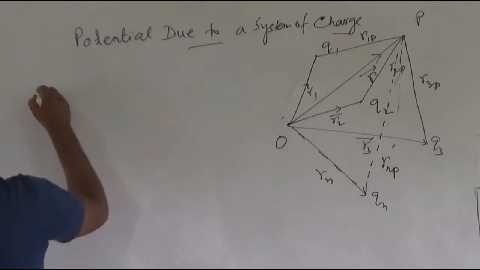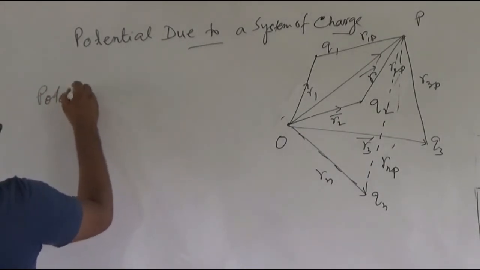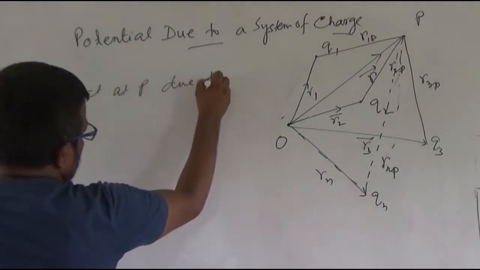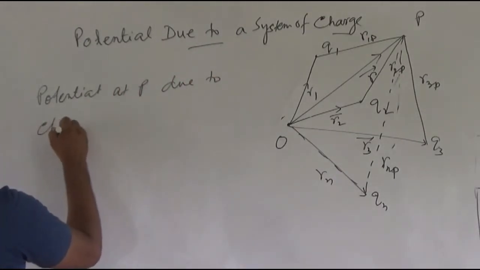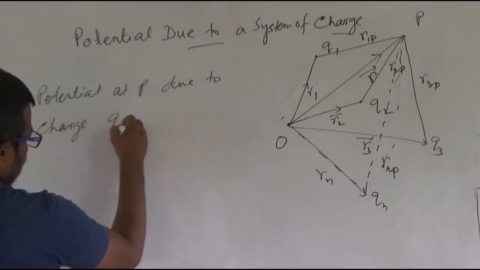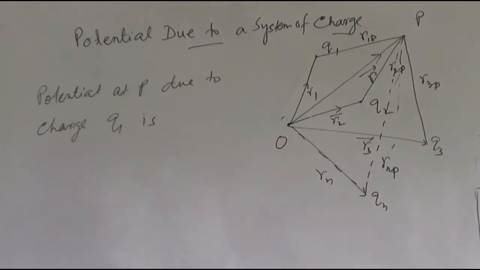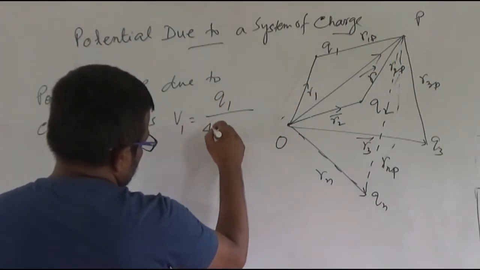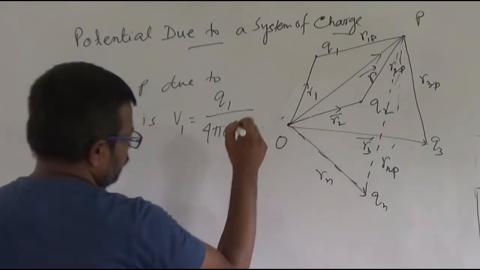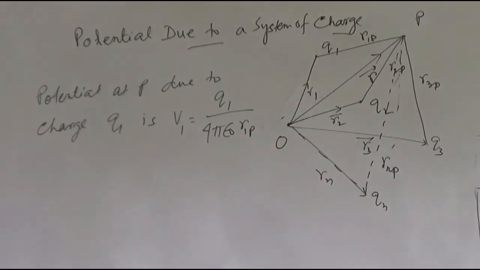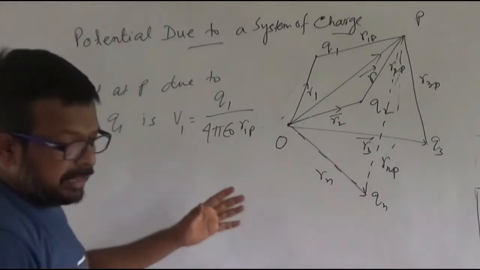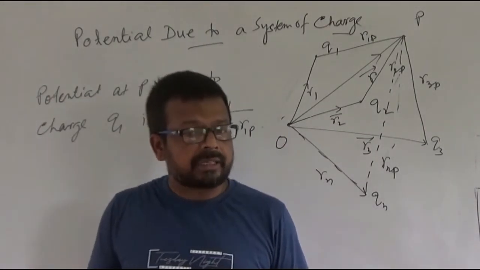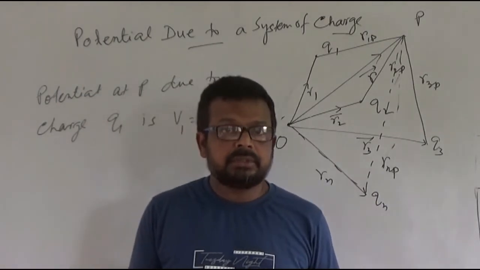Now, potential at P due to charge Q1 is given by V1 equals Q1 divided by 4 pi epsilon naught R1P. Just as we have calculated, the potential due to a point charge is equal to Q by 4 pi epsilon naught R. R is the distance between the 2 points.